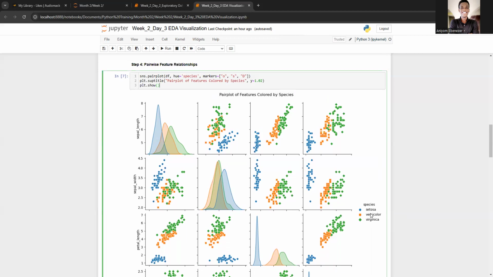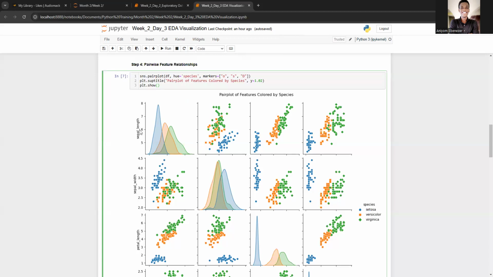So I have the species here, Setosa, Versicolor, and then Virginica, right? These are the 3 species. So I'm giving them a color code, yellow for versicolor, and green for Virginica, right? And then I have blue for Setosa.